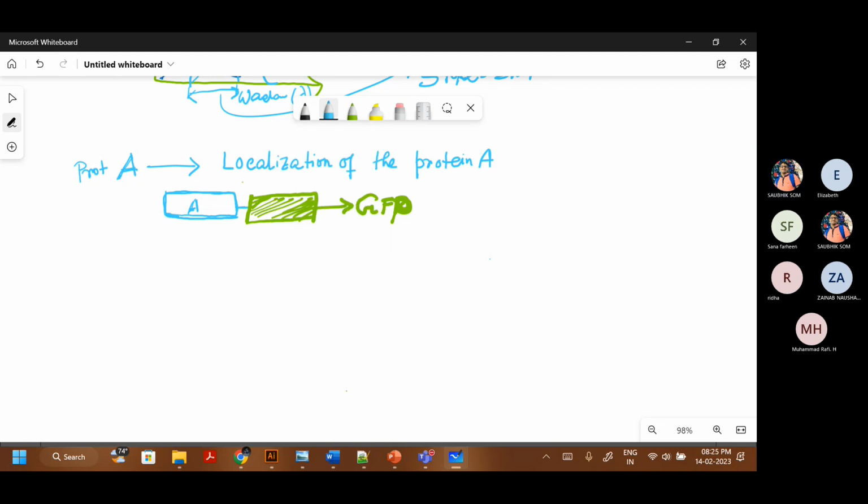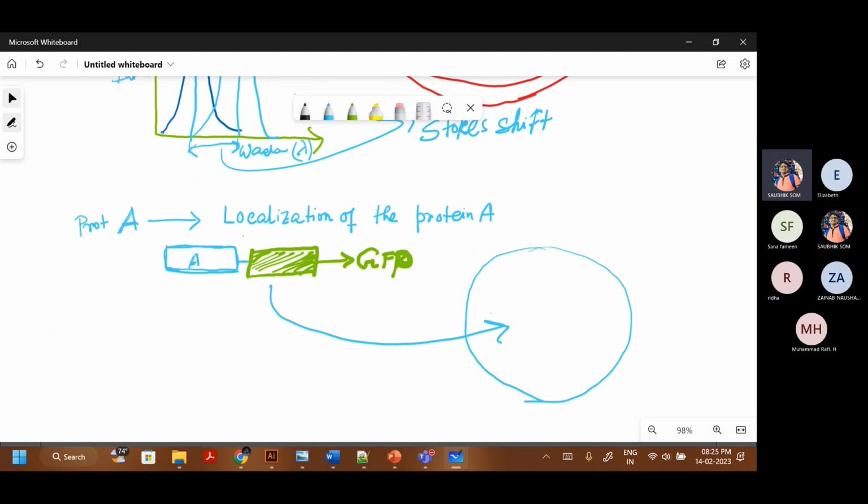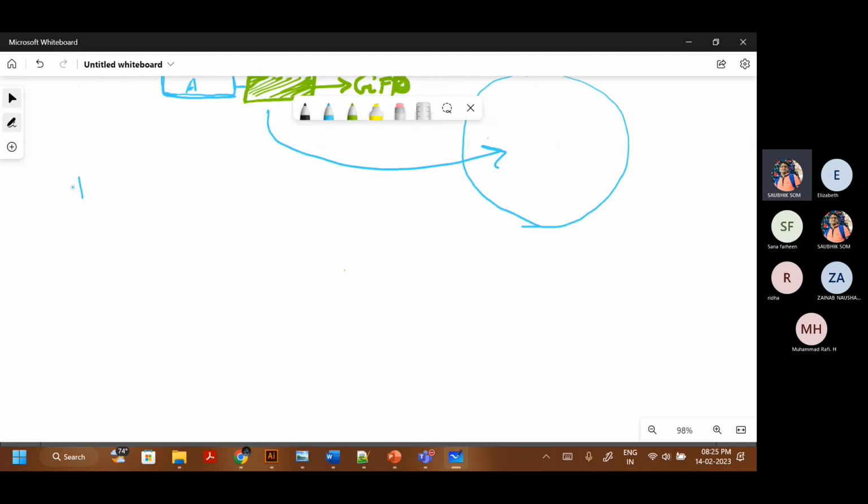Now I put this construct inside the cell, this is my cell, and say after maybe 12 hours, I excite the molecule.